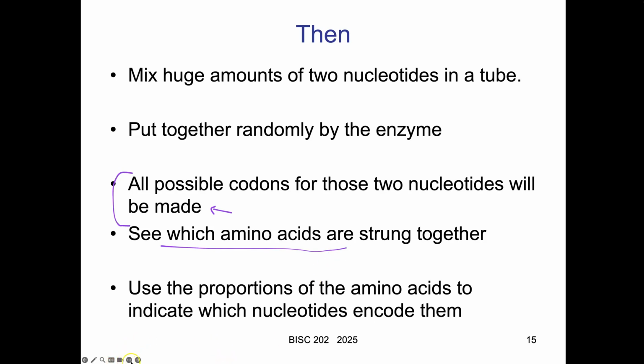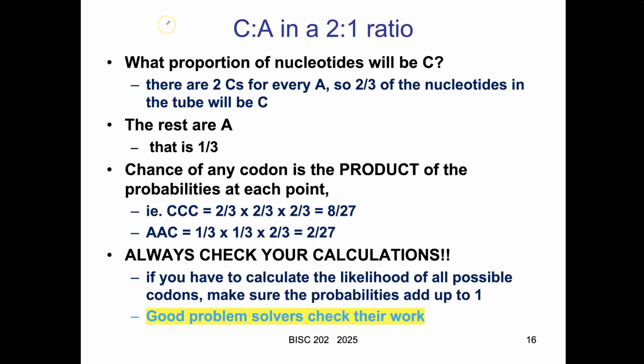And I'm just going to go through a very simple example, and then I'll show you the results of a more complicated one. The kind of calculations I would ask you to do would be more like the simple one. Okay, so this is it.